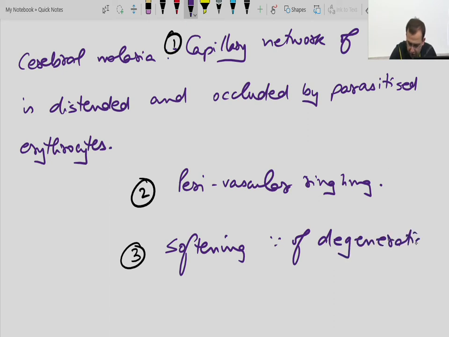First it is distended, next perivascular ring hemorrhages, and then softening due to degeneration of nervous tissue. This is the microscopy of cerebral malaria.